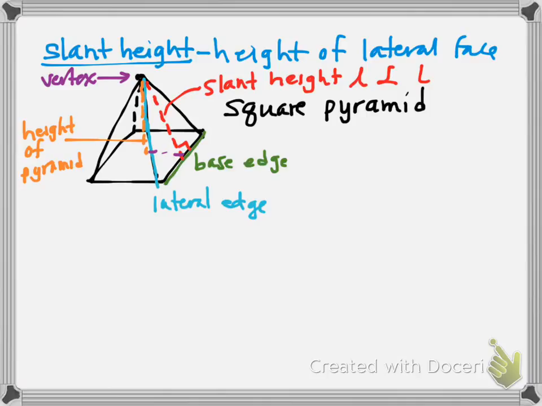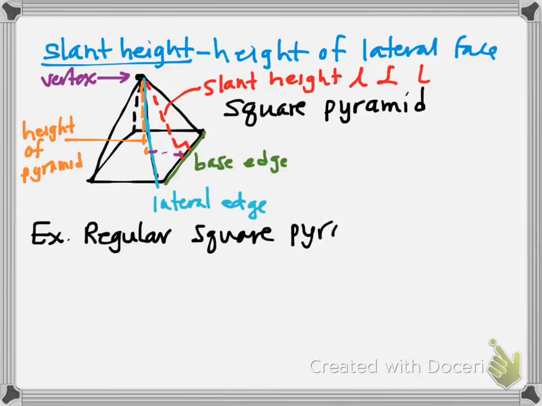So let's go ahead and do an example based on a square pyramid. We have a regular square pyramid that has base edge 10 and lateral edge 13.